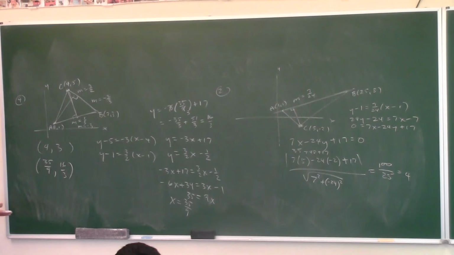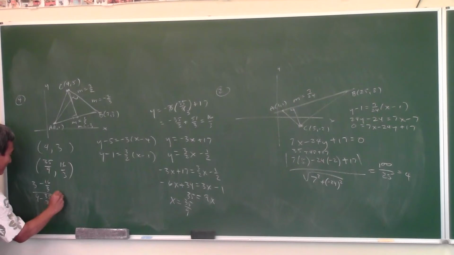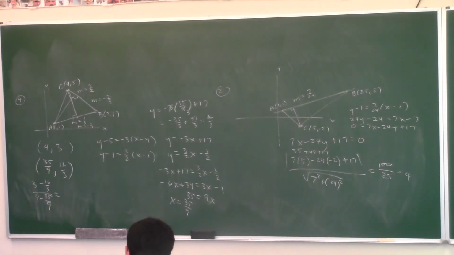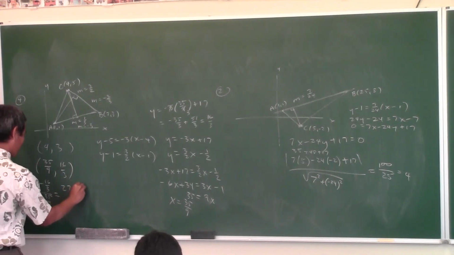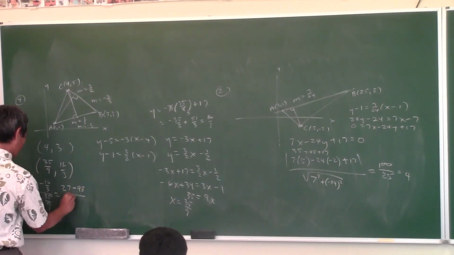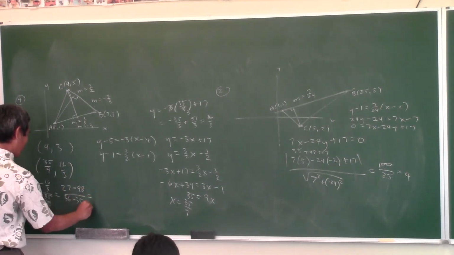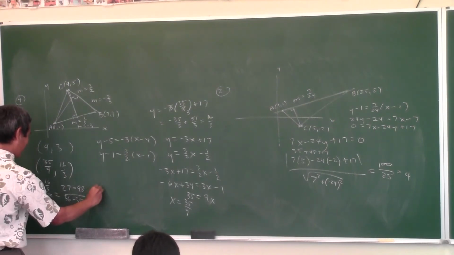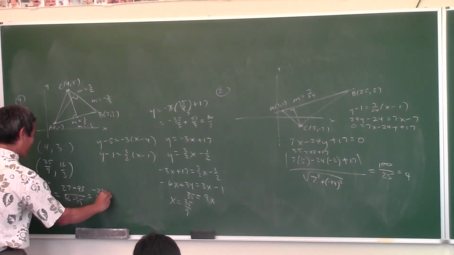Now, how do I write the equation of Euler's line? Write the line that goes through these 2 points. So first, you gotta find the slope. So y minus y over x minus x. What's the fastest way of simplifying that? Multiply top and bottom by 9. 27 minus 48 over 36 minus 35 is negative 21 over 1, which is negative 21.